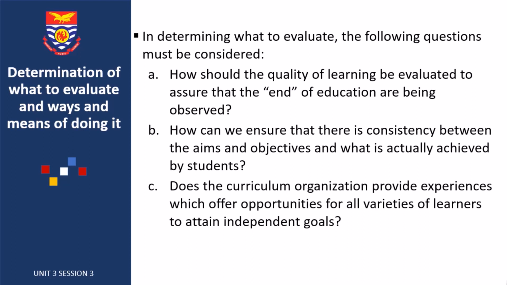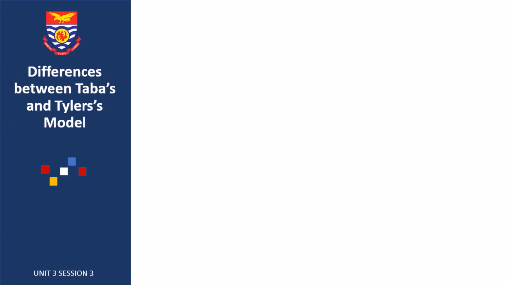Then, does the curriculum organization provide experiences that offer opportunities for all varieties of learners to attain independent goals? So this must also be considered anytime we are doing evaluation. Now let's look at the differences between Taba's and Tyler's models.